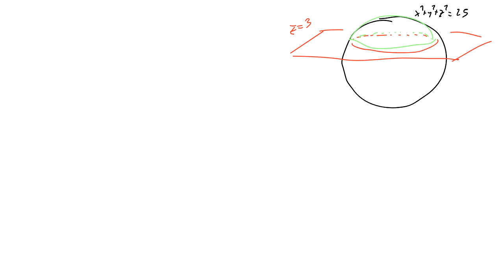Yeah, and a question would probably ask you to find the volume of the solid which is bounded above by the sphere, x squared plus y squared plus z squared equals 25, and below by the plane z equals 3, using spherical coordinates. So I could say set up and evaluate in spherical coordinates.